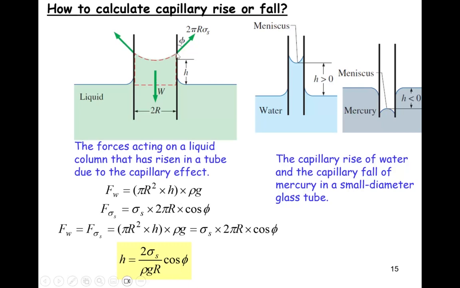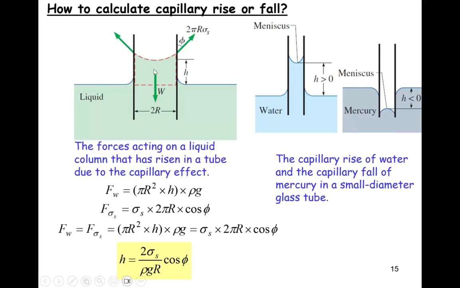This is obviously a hydrophilic liquid because it is rising, but if we put mercury, it will go lower, due to what we explained. If we put the tube in a liquid like water, it will go up.